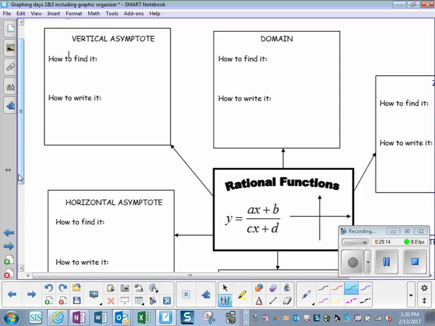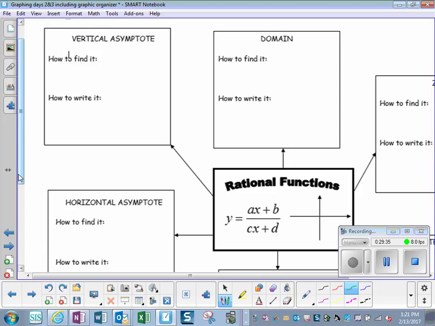So once again, how do we figure out the vertical asymptote? Think about our examples. Vertical asymptote is related to what, domain or range? Domain, right? So how do we find the vertical asymptote? We need to set our denominator to 0 to find that restricted value.